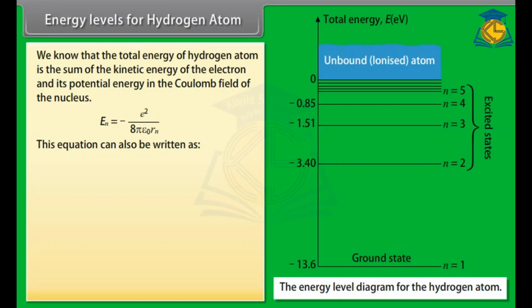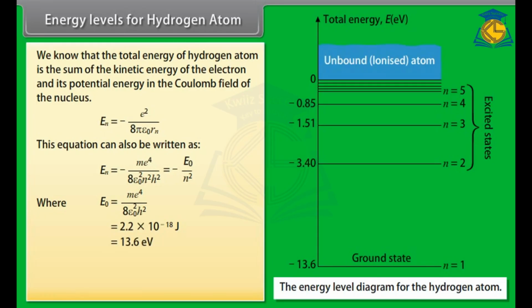This equation can also be written as En equals minus m e raised to the power 4 divided by 8 epsilon naught square n square h square, where E naught is equal to m e raised to the power 4 divided by 8 epsilon naught square h square. E naught equals 2.2 x 10 raised to the power minus 18 joule, which is equal to 13.6 electron volt. The above equation can also be written as En equals minus 13.6 upon n square electron volt.